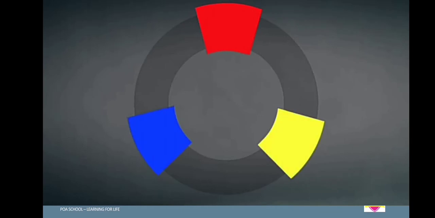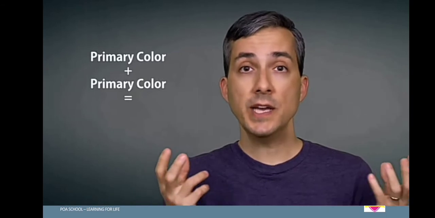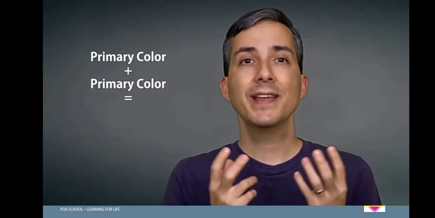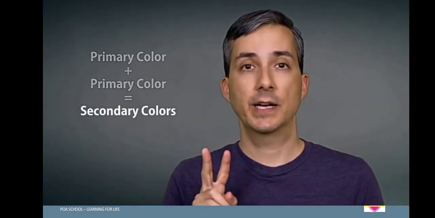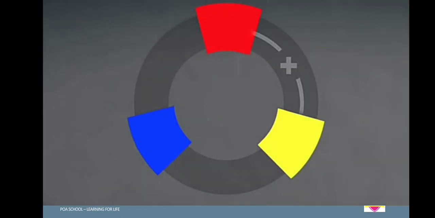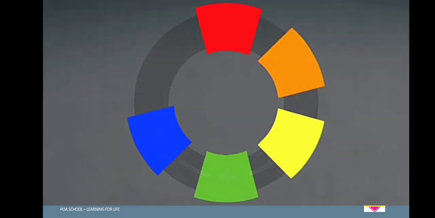When working with pigments, the most common color wheels use the primary colors red, blue, and yellow, equally spaced around the circle. Mixing these primary colors in equal parts with their neighbors will create the next group, secondary colors. Red and yellow will make orange, yellow and blue will make green, and blue mixed with red will create violet.